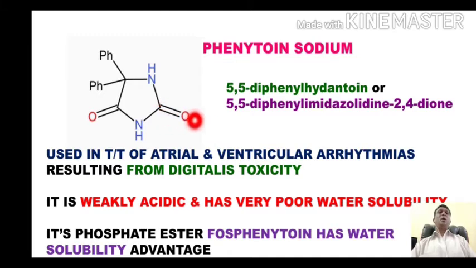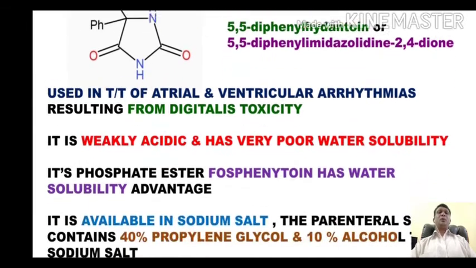Due to the hydroxy group, the phenytoin tautomer may have acidic property. That's why phenytoin is very weakly acidic in nature, which means it can liberate the proton. So though it is acidic in nature, its salt is made by treatment with sodium hydroxide to give phenytoin sodium.